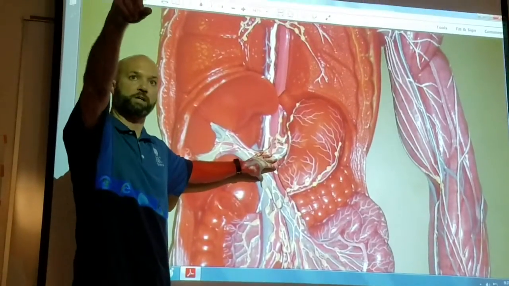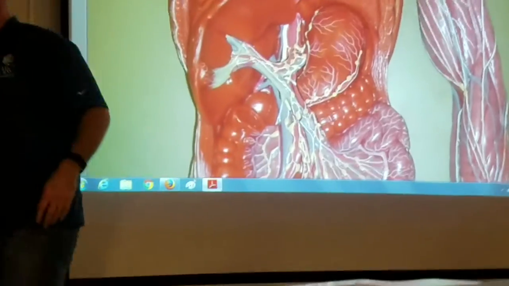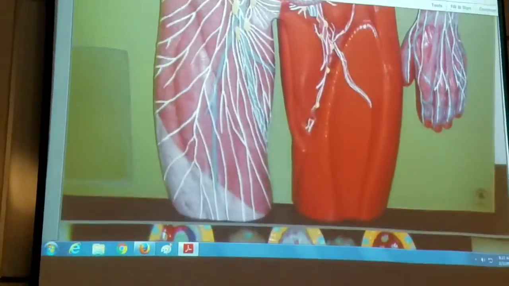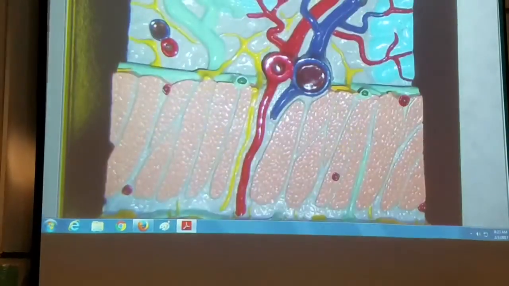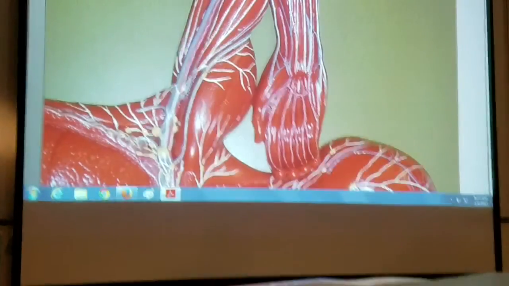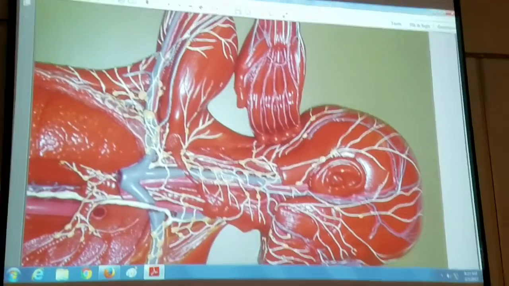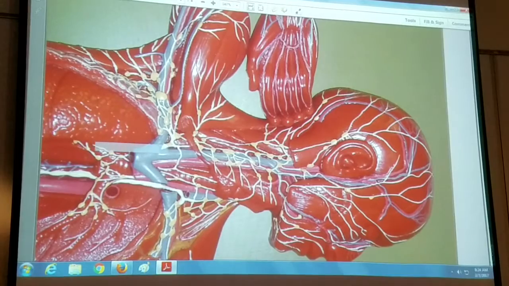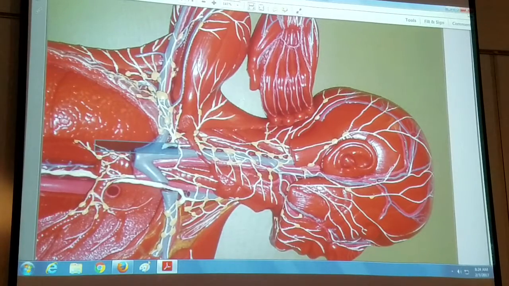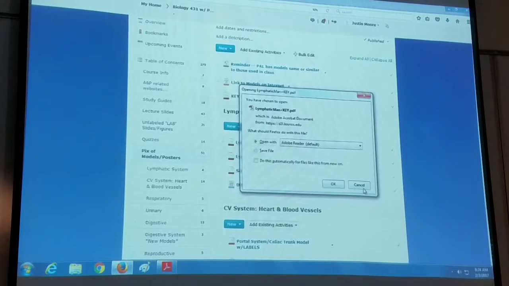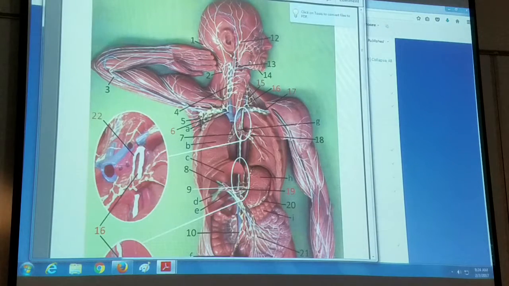is still hanging on the back wall. So we have two versions of this model. There we go.